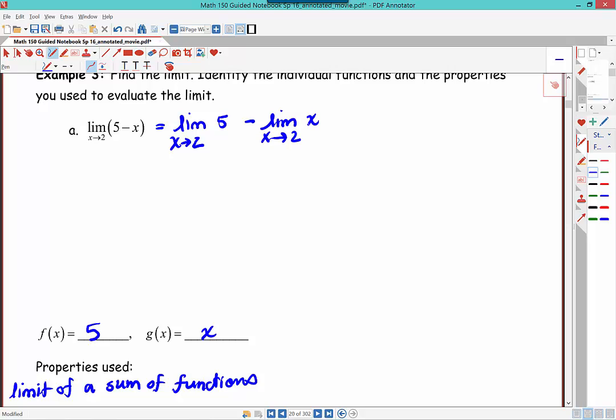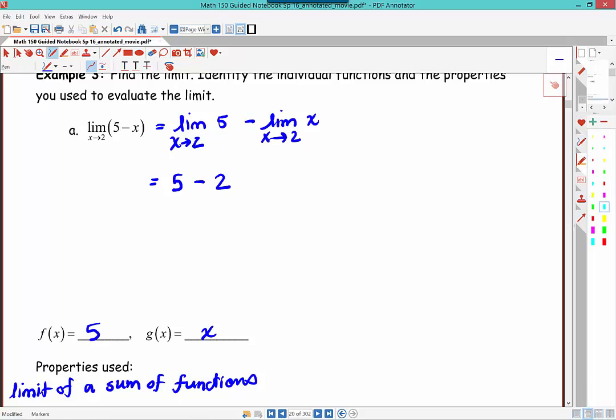Didn't this break down to those basic limits? Good. The limit of a constant is the constant. Then, using direct substitution, we directly substitute x equal 2 into the x, which will just give us 2.